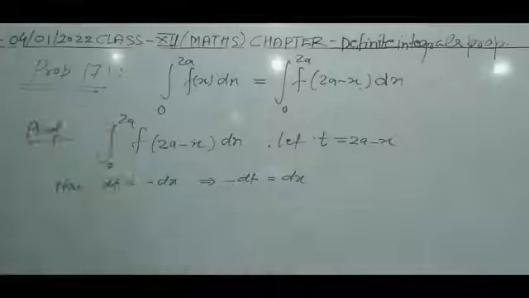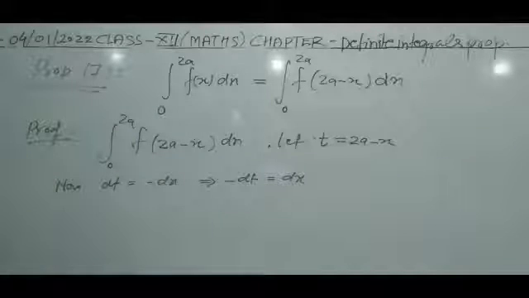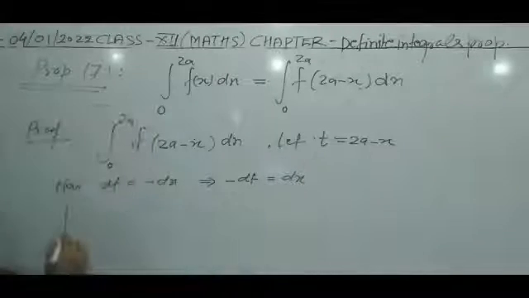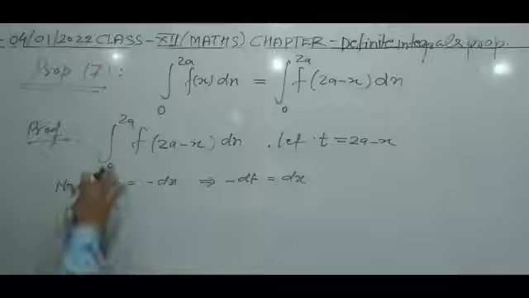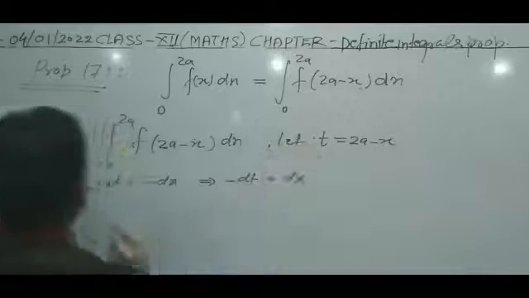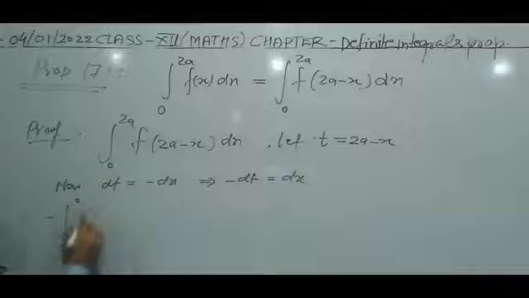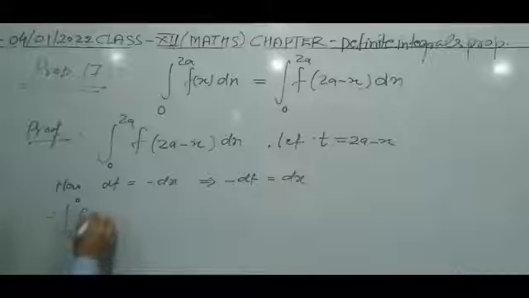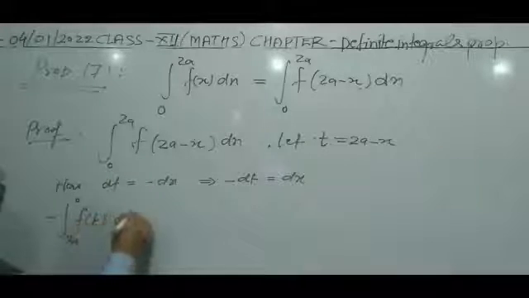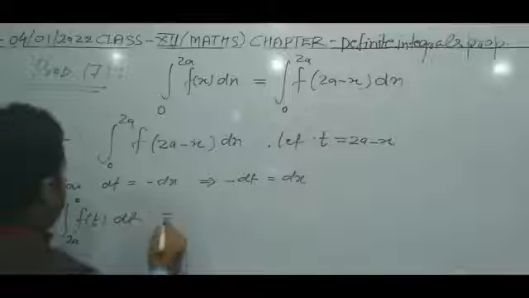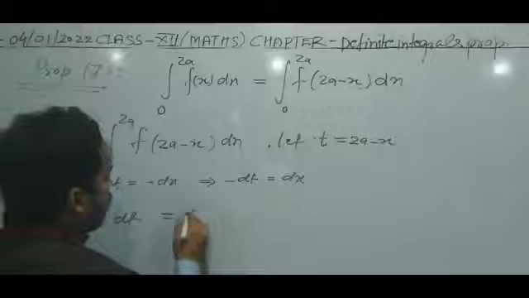Now the format will be, we can write integration over, when x is equal to 0 you will get t equal to 2a, and when x is equal to 2a you will get 0. So this will be minus sign and this format will be f(t) dt. Now this negative sign will convert after interchanging the upper and lower limit.